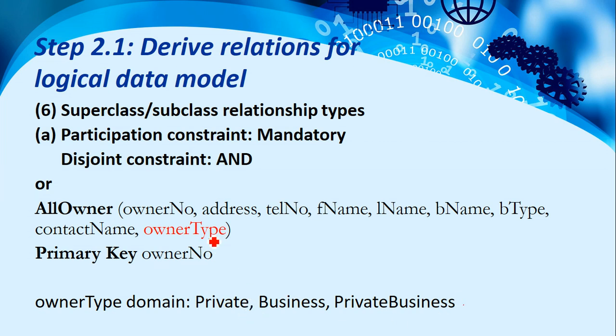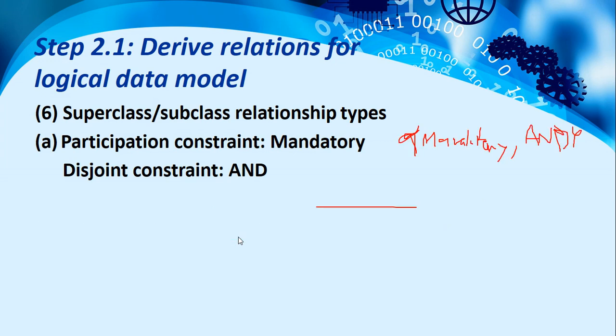So kung tatlo yung subclasses mo, perhaps we have another set of values na naman dito. Kung apat, more. Mas expected na padami ng padami yung values or domain ng owner type attribute habang dumadami din yung subclasses dito.